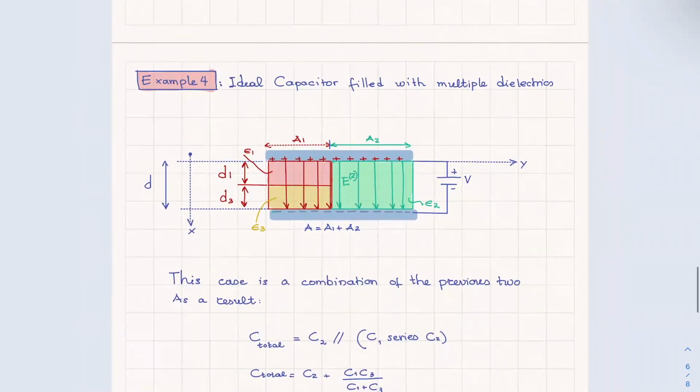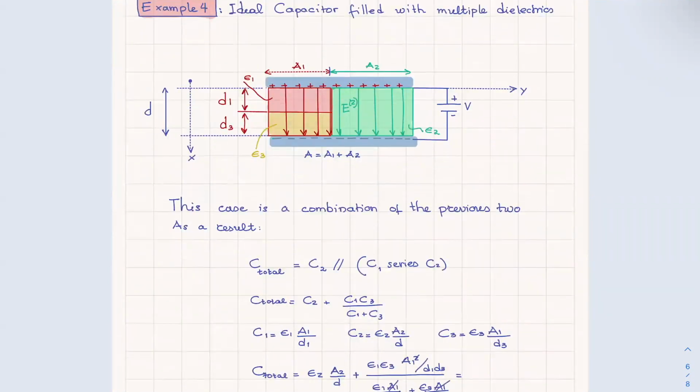Now we have another example where the ideal capacitor is filled with multiple dielectrics. In this case, without redoing what we've done before, we will assume that everything we have seen so far applies.